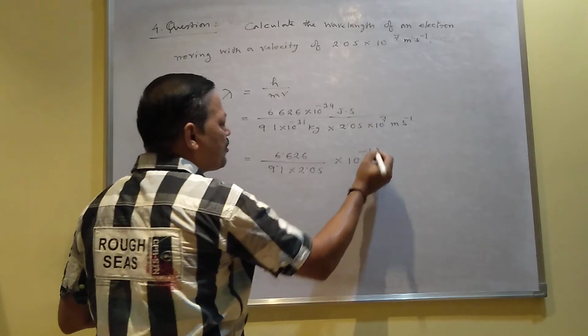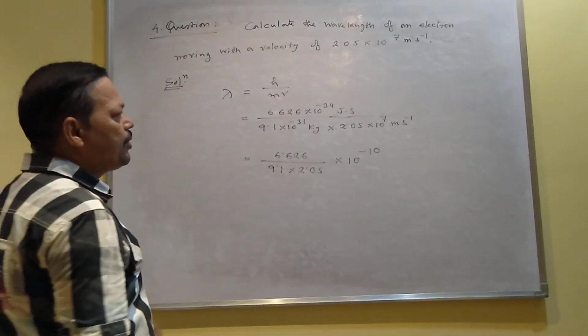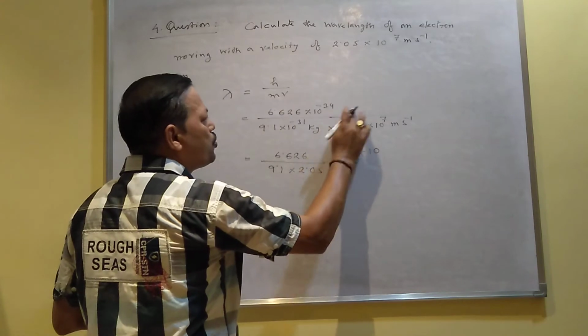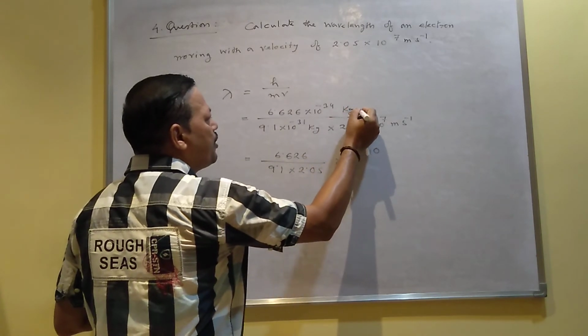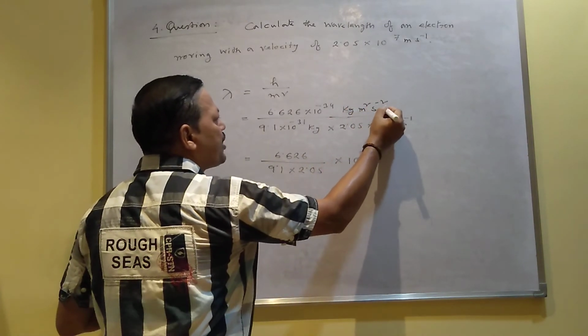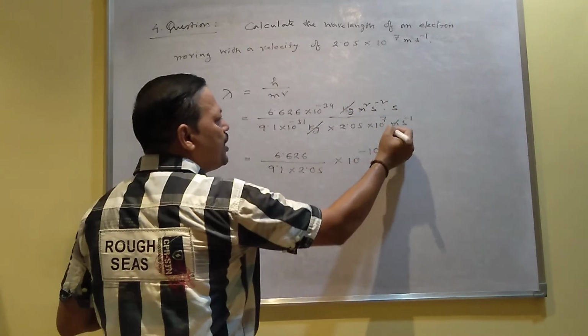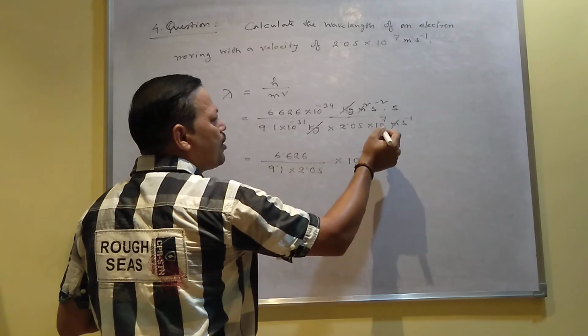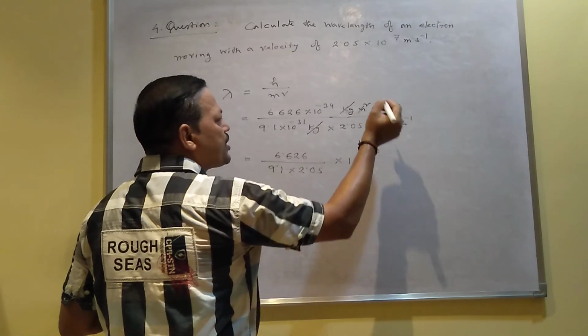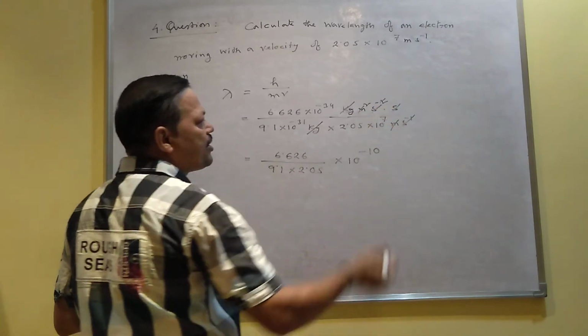so it remains 10 to the power minus 10. And the unit, as you know, joule you can write as kg meter square per second square into second. So kg cancels, one meter cancels, and second inverse cancels with another second inverse.